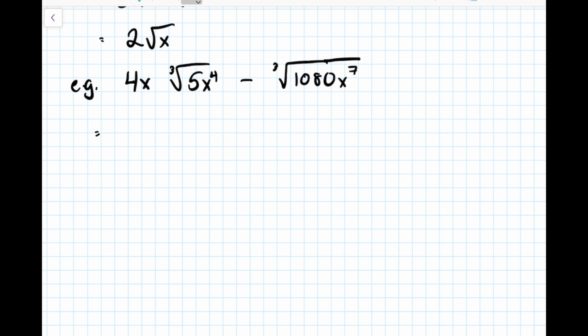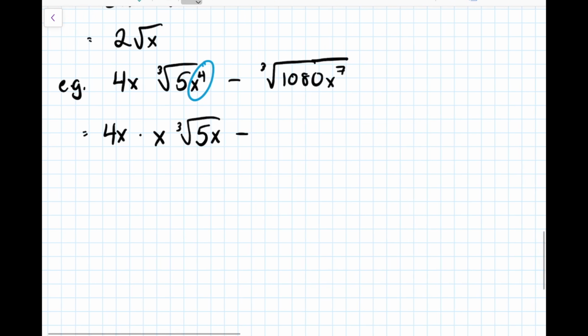All right, so the 4x is just a 4x, 5x to the power of 4. I'm not going to be able to take out anything with the 5, but x to the power of 4, right? So I can put 3 into 4 one time, so I can make one group of 3s in there. So I'm going to be able to pull out 1x, and it's going to leave an x behind. So this is going to be just 5x.